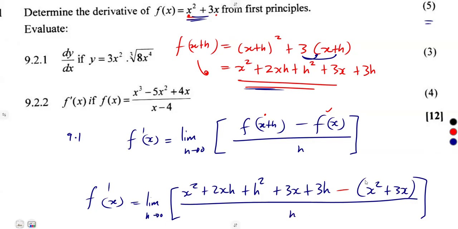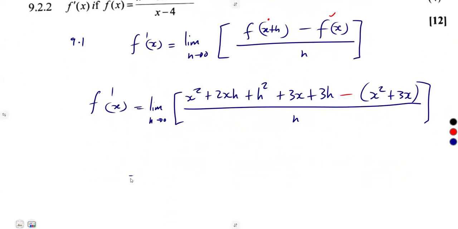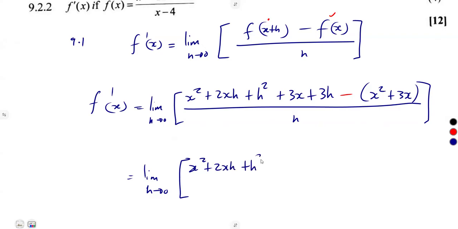Expand the brackets definitely, then collect the like terms so that we can simplify our limit as h approaches 0. So just rewrite this part as it is: 2xh, h squared, 3x, 3h. Negative multiplies, it's going to be negative x squared. Negative times, it's going to be negative 3x.